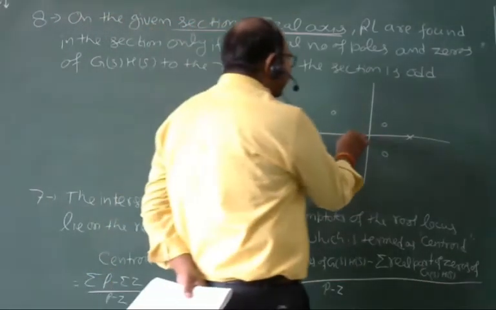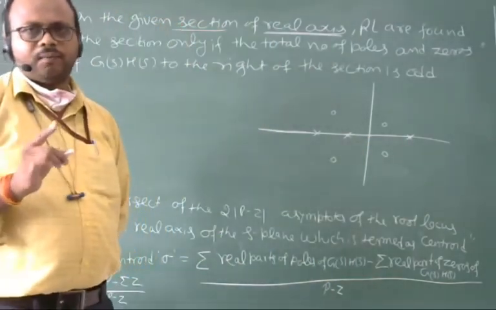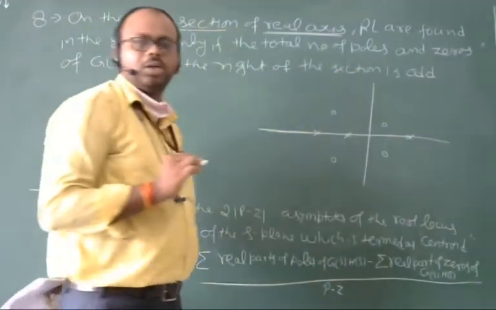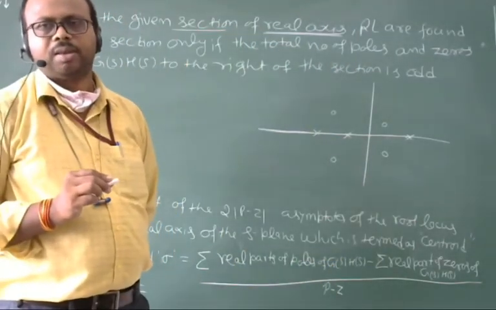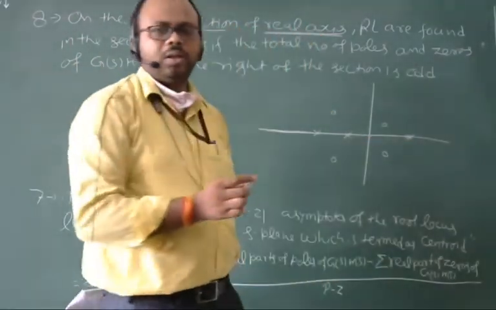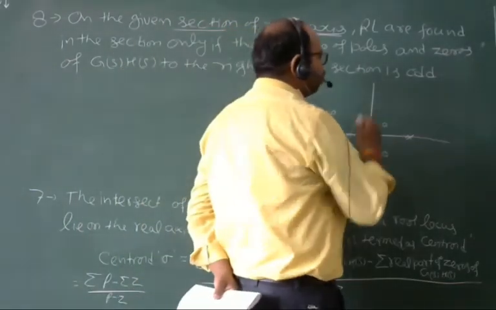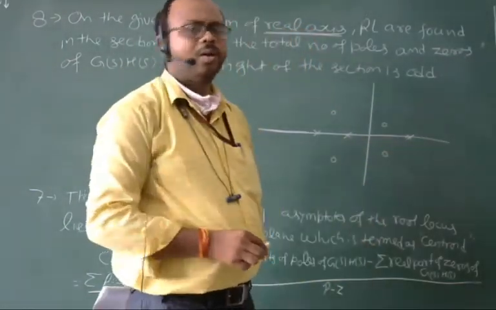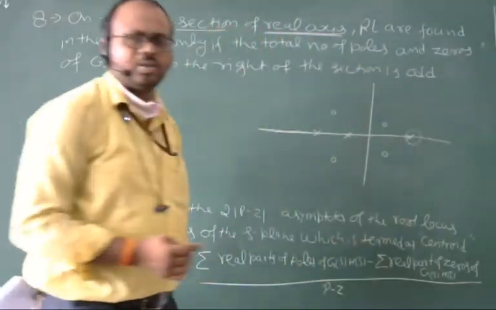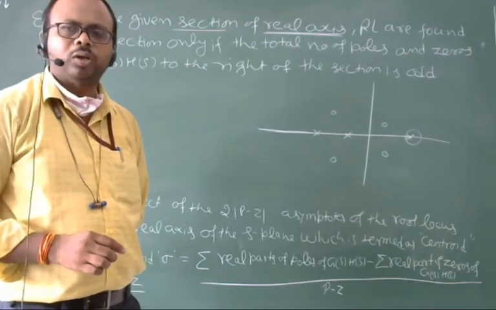Now look at this section. I have to check whether in this section the root locus will exist or not. So look at the right of this section. How many roots are there? In the right of this section only this pole is there.